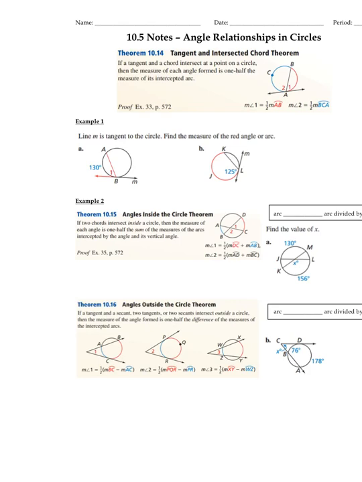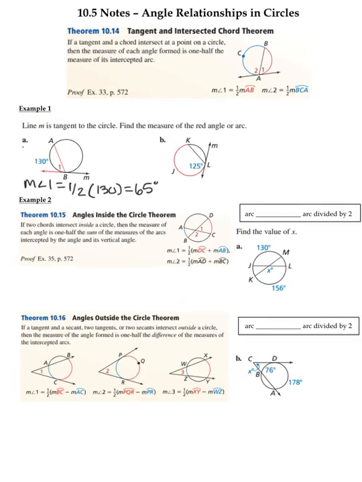Now, if we look at its intercepted arc, the intercepted arc is 130 degrees. So the measure of angle 1 would simply be 1/2 of 130 degrees, which would be 65 degrees, okay?